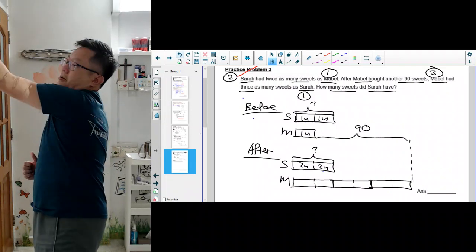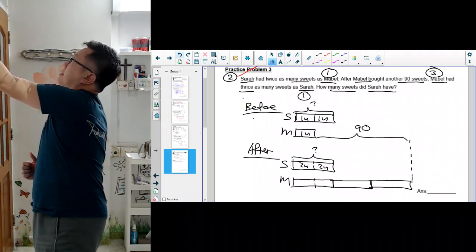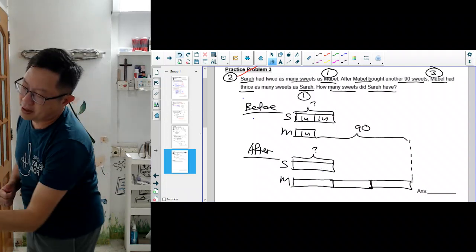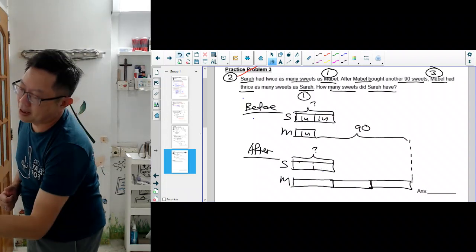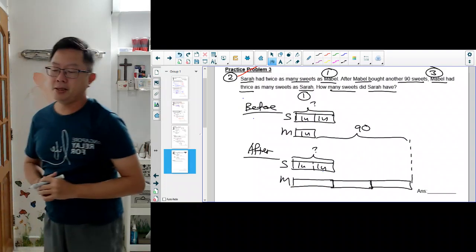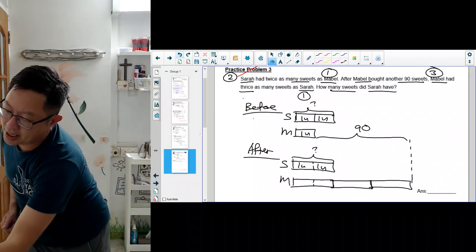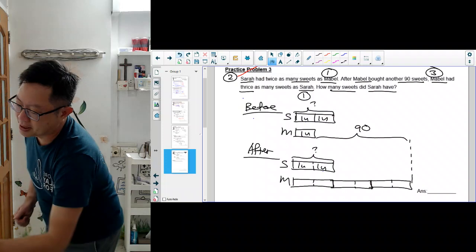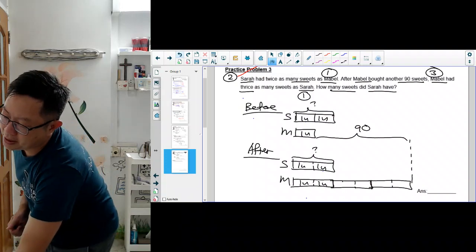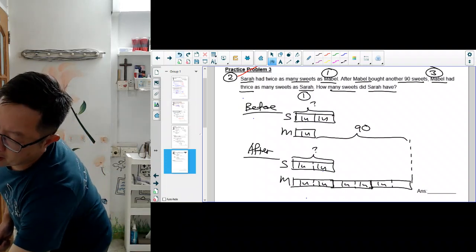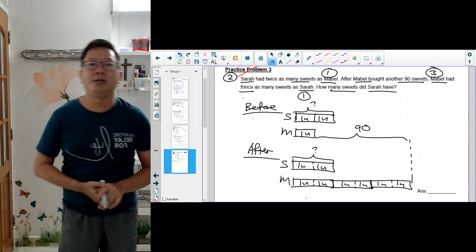It's not 2 units. Let me just do some adjustment. Okay, so you cut Sarah's rectangle into 2 boxes and every box is 1 unit, and do the same for all the other boxes. So now the model is all the same, they are all equal.